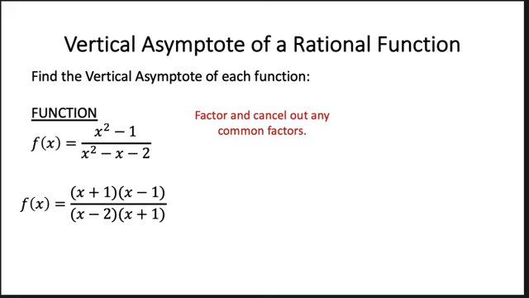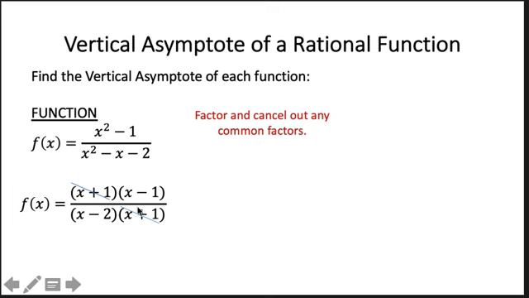Well, factored on the top is x plus 1 and x minus 1. Factored on the bottom is x minus 2 and x plus 1. Do you see the common factor? The common factor is x plus 1. So we're going to divide those out. And so our simplified function is x minus 1 over x minus 2.